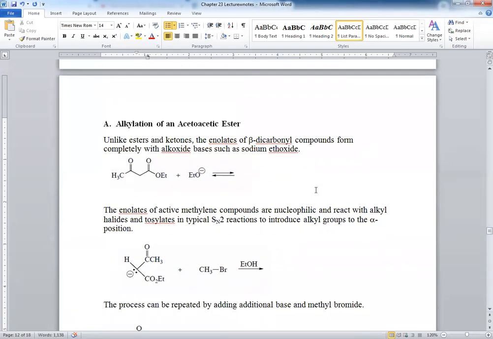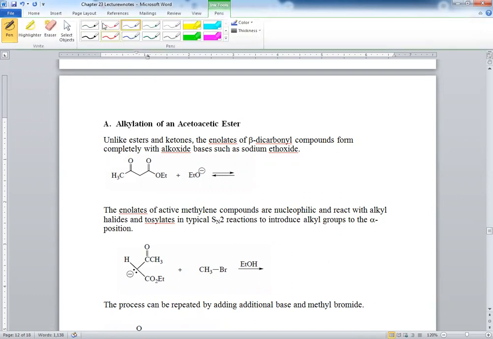The first one is called the alkylation of an acetoacetic ester. An acetoacetic ester is this one right here.